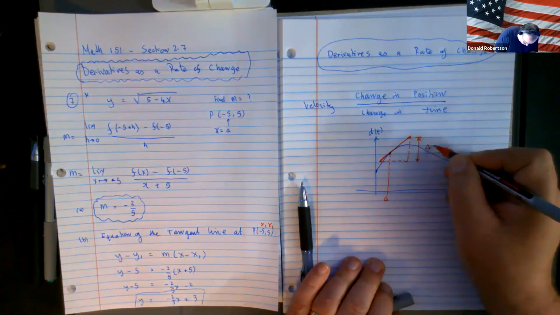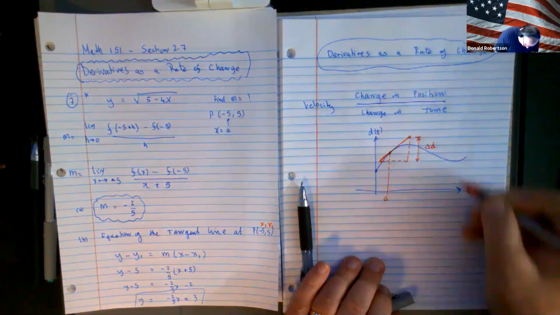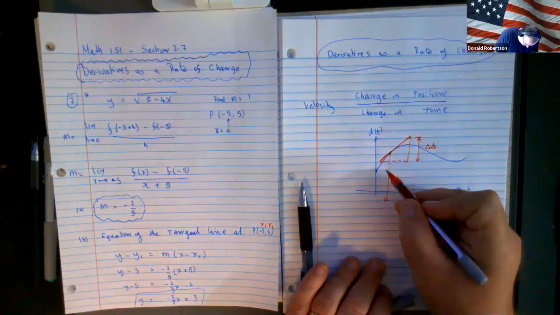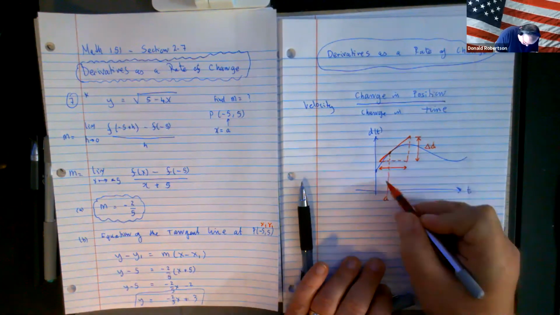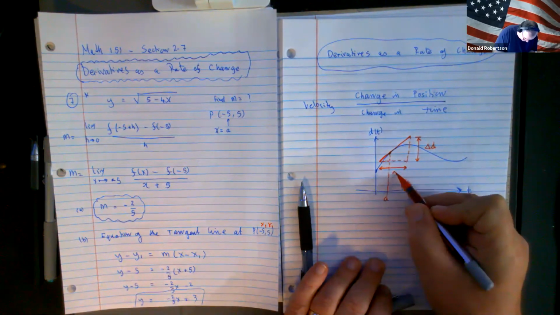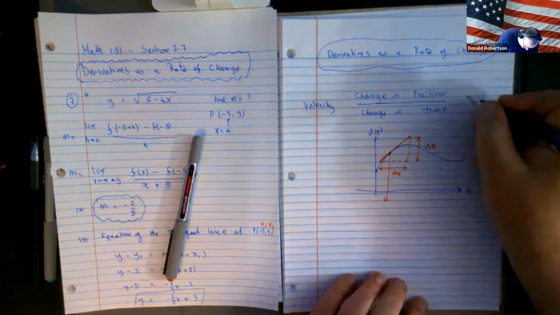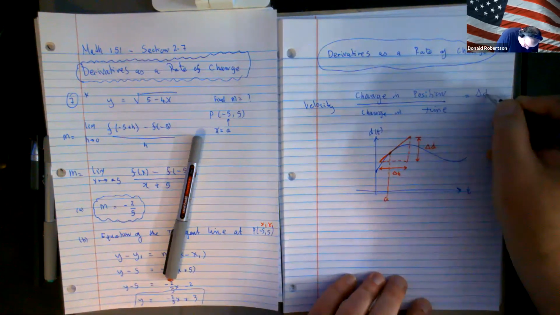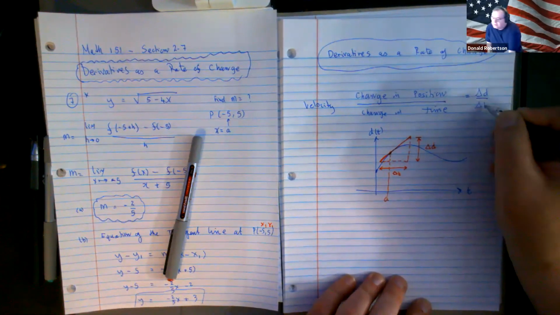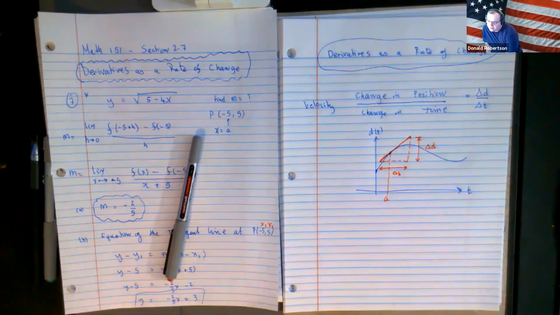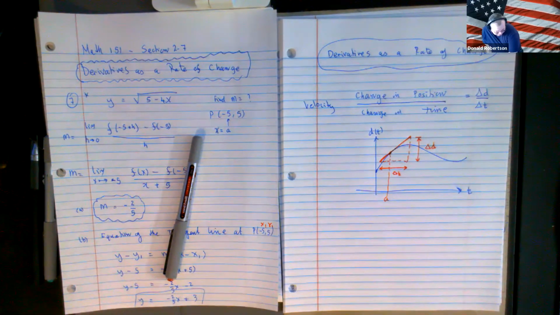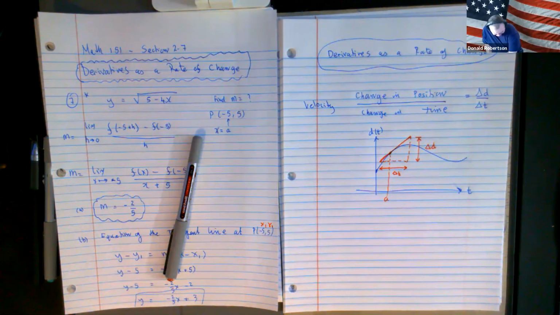So I'll call it delta d, and isn't that the difference in time? So I'll call that delta t. Great. Delta d, change in position, divided by delta t, change in time, is called velocity.